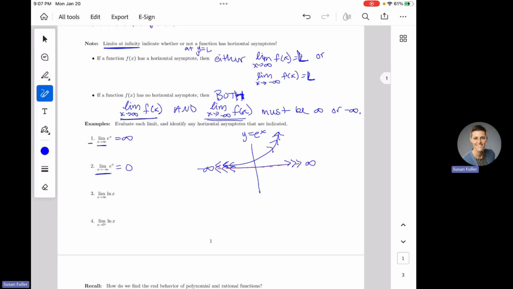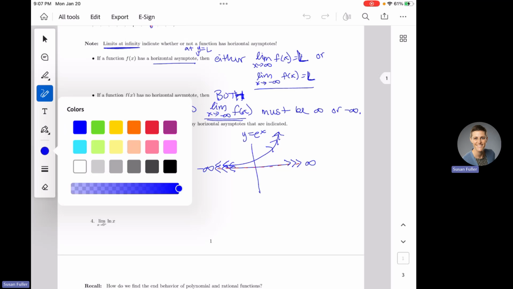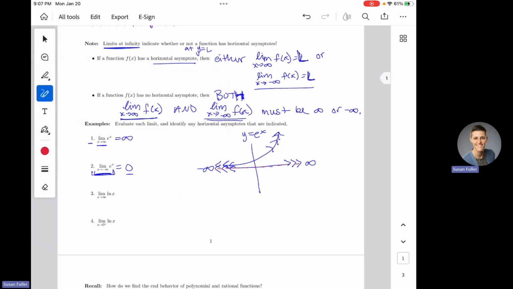And because I have the limit as x approaches negative infinity of my function and I get a number out, that means y equals L is a horizontal asymptote. So as soon as one of these limits gives you a number, y equals that number is a horizontal asymptote.